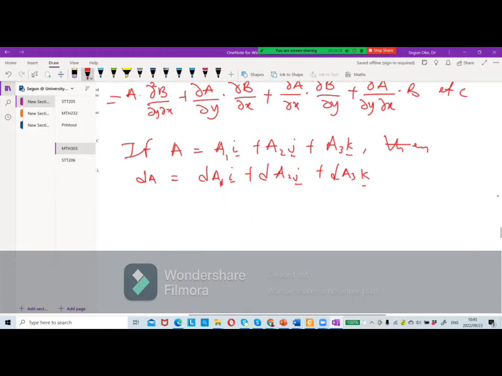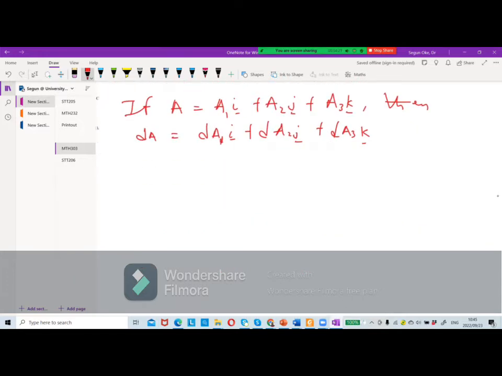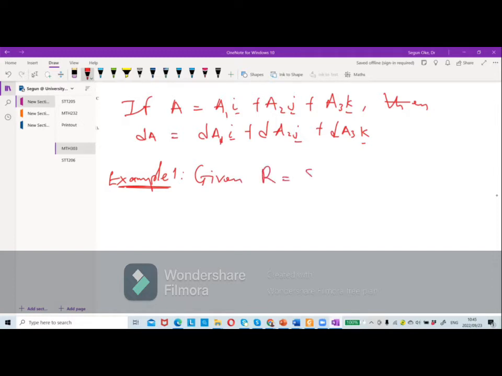Example one says: given r equals sin t i plus cos t j plus t k.